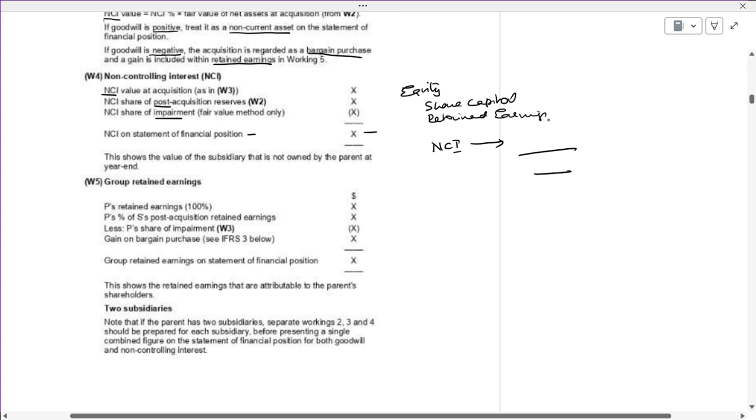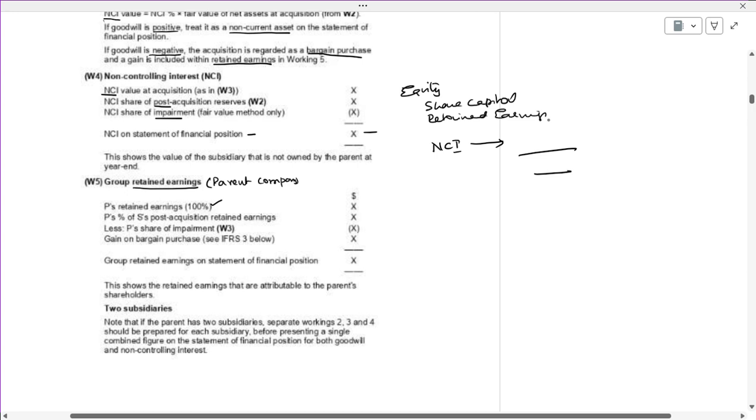Last one, we will take the retained earnings. This is the place where we are talking in terms of the parent company. The parent company retained earnings, whatever is given in the question, we will take.